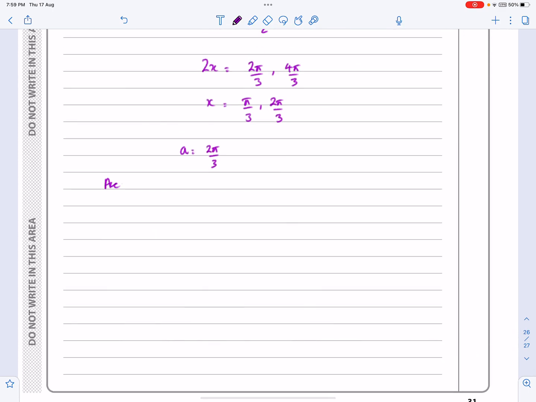So area needed equals the integral from 0 to 2 pi over 3 of y dx. So what did we have there? We had the integral from 0 to 2 pi over 3 of (1 plus 2 cos 2x) all squared dx.